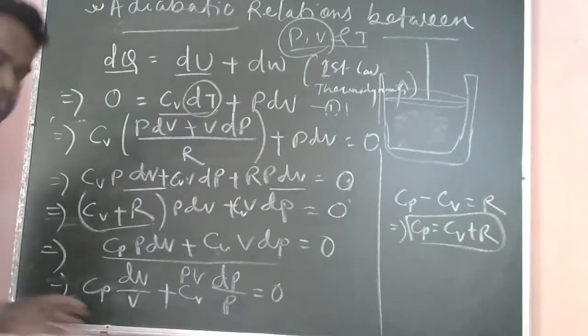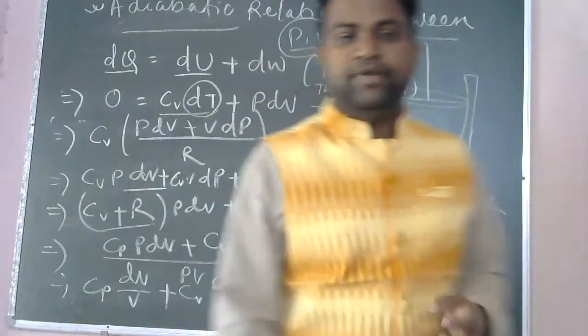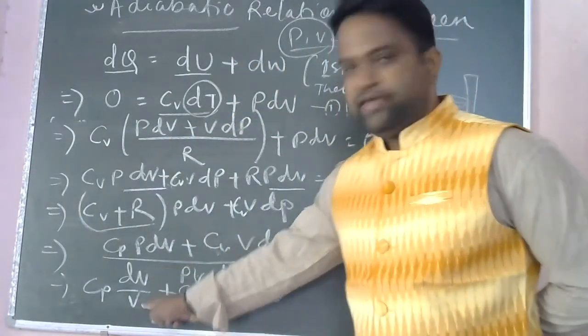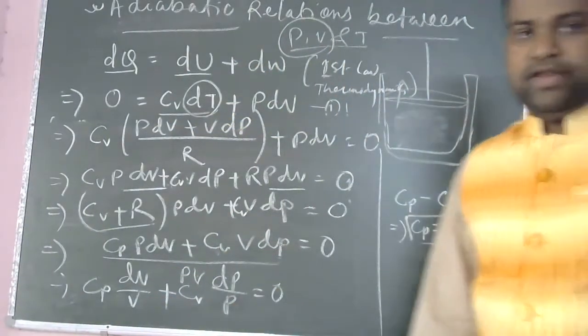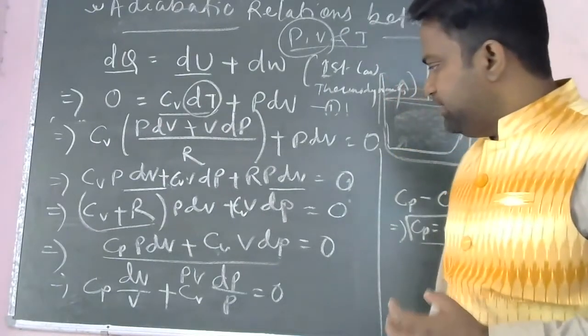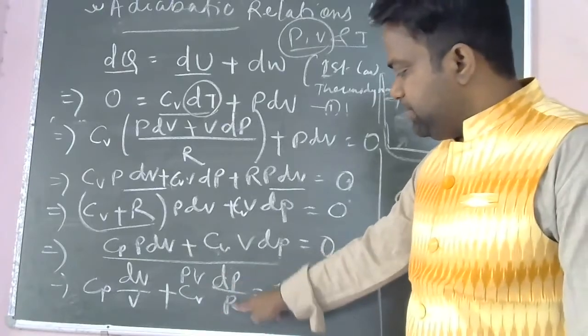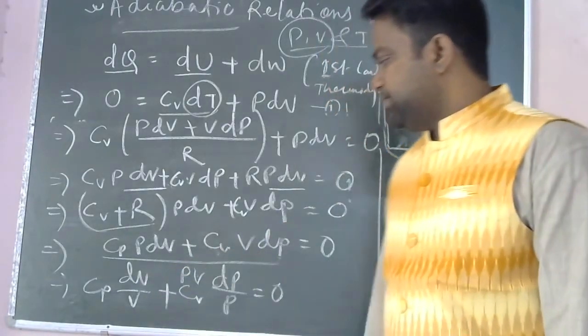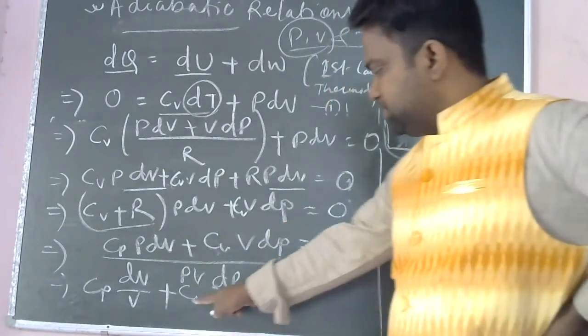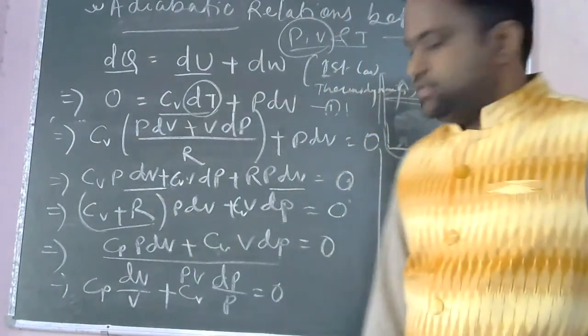Okay. Now what we have done here is separated the variables. By dividing by PV, we have separated the variables dP by P, dV by V, and these are the constants, right? Cv and Cp, these are the constants.